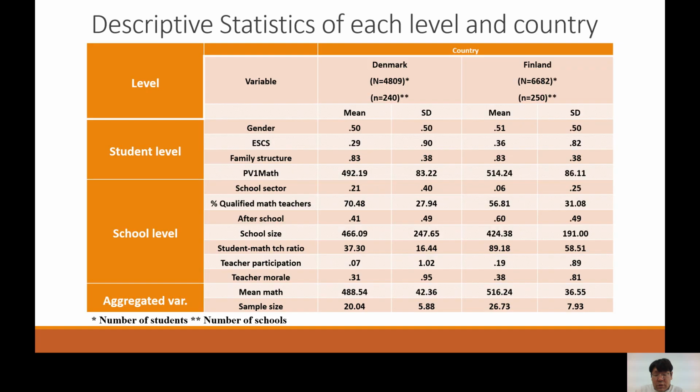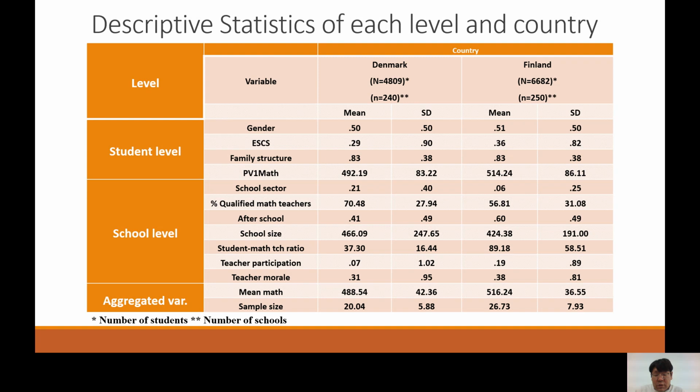So this is descriptive statistics of each level. When you see the rows, student level and school level and aggregated variable, n is about 5,000 for Denmark and nearly 7,000 in Finland.